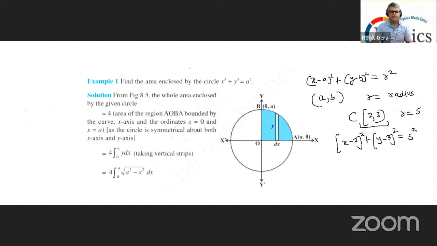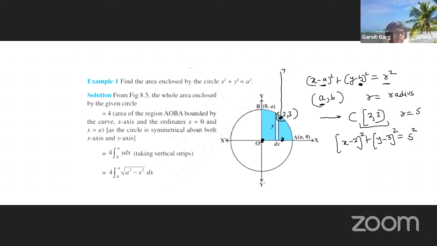So a represents the x coordinate of the center, b represents the y coordinate of the center, and r is the radius. So this is a circle with center not here, but somewhere at (2, 3). For example, this is 2, this is 3, this is (2, 3), and for the radius, take a compass and take 5 centimeter, which means if you go straight in the y direction from 3 to 8, that is 5 centimeter.